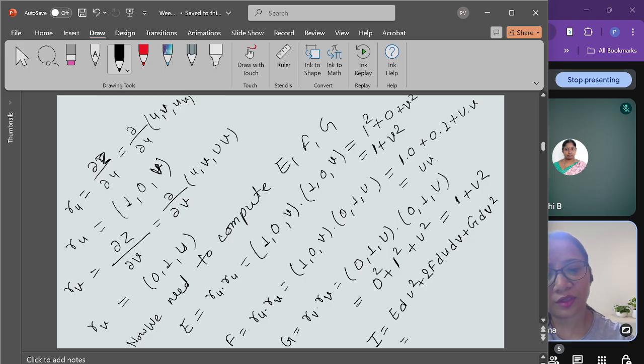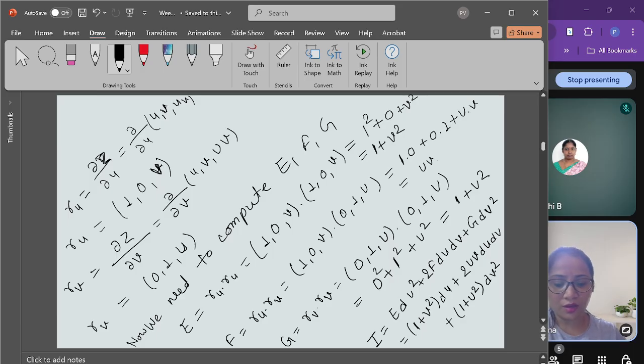Just put in the values: E is 1 plus v square, so 1 plus v square du square, plus F is uv so 2uv du dv, plus G is 1 plus u square dv square.